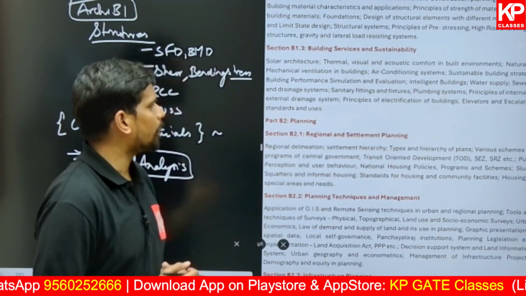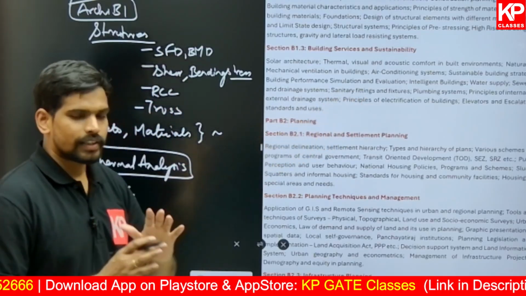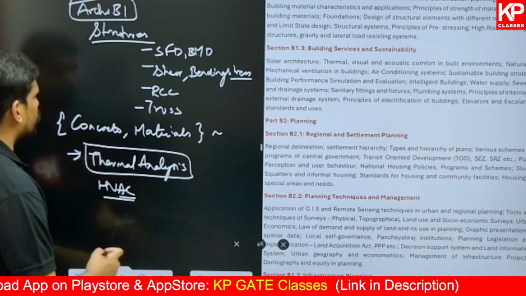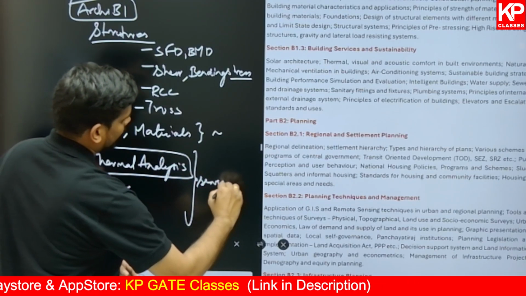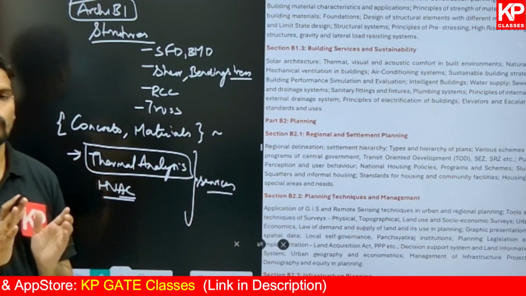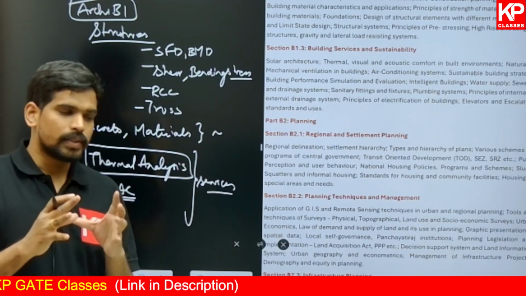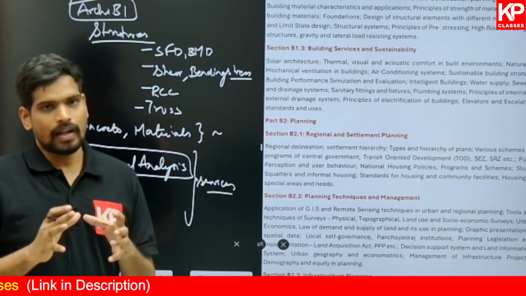You have water supply, sewage treatment, and plumbing here again. And then you have elevators and escalators. Even numericals from elevators and escalators have been asked in the past. So there are numericals from the services portion, broadly. That's an analysis of the core numerical areas. In the architecture part, the numerical concepts are more in number.